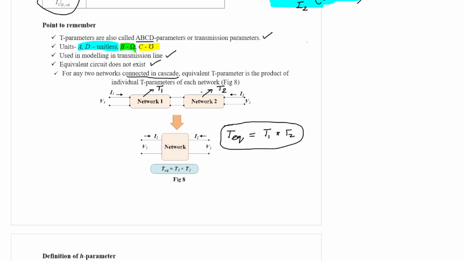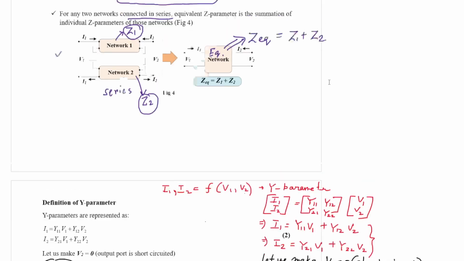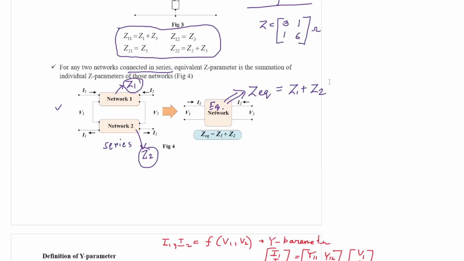So if you encounter two networks connected in this fashion in cascade, that means the output of network 1 becomes the input of network 2. That is called a cascade connection. On the other hand, in a series connection, if current I1 is entering this input node, this current should flow through this.